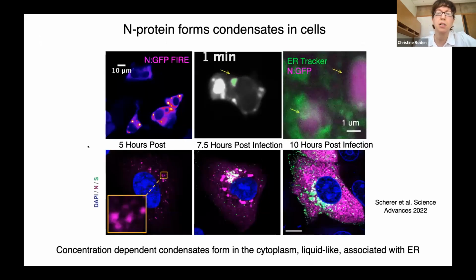And further, when we overexpress N protein, it forms condensates in cells by itself. And if you were to fix and perform immunofluorescence on SARS-CoV-2 infected cells, over the course of infection, N protein, shown in the bottom three panels in pink, forms these very characteristic condensates that accumulate over time.